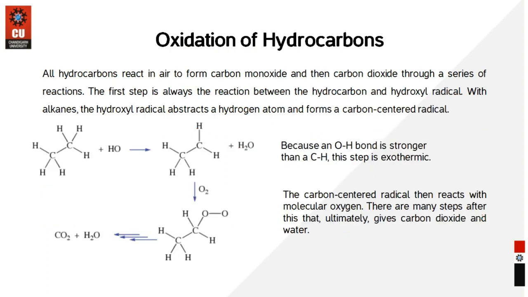Then let's talk about hydrocarbons. Let's take the example of an ethane molecule. This ethane molecule first reacts with an OH radical and captures one hydrogen from it, leaving a radical. Why does it break the carbon-hydrogen bond and not the carbon-carbon bond?